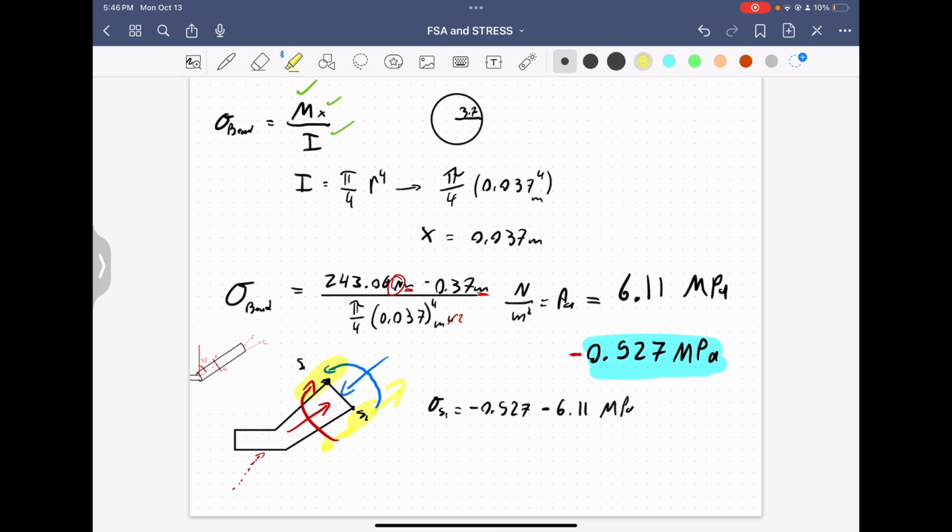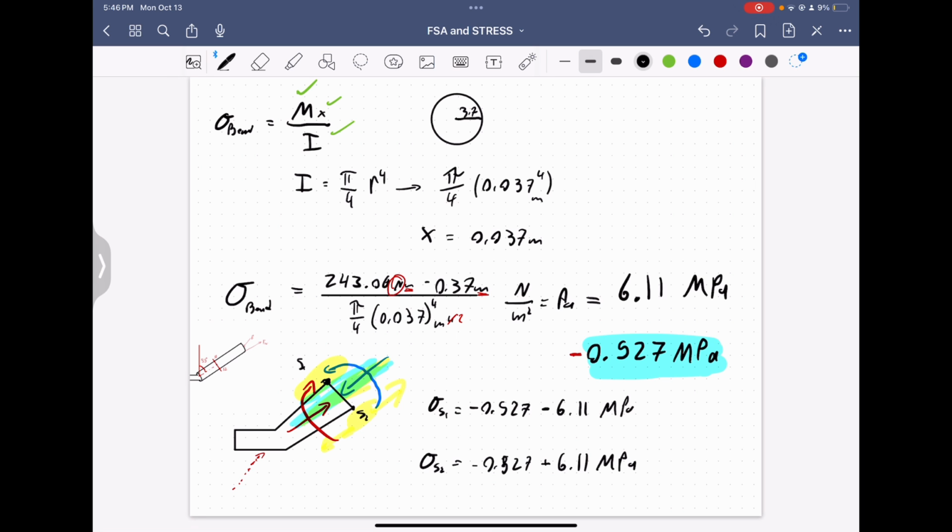But again, both of them for axial is going to be negative. So then we have S2 equals negative 0.527 plus 6.1 MPa. Right? So there we go.